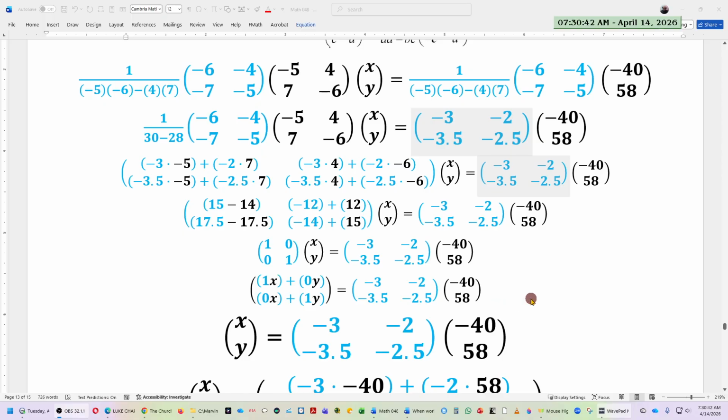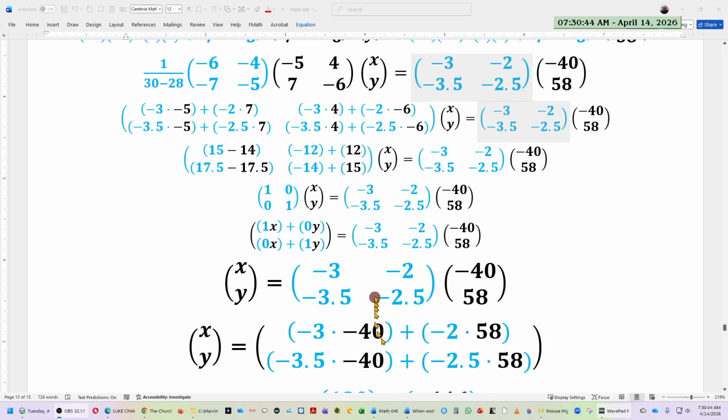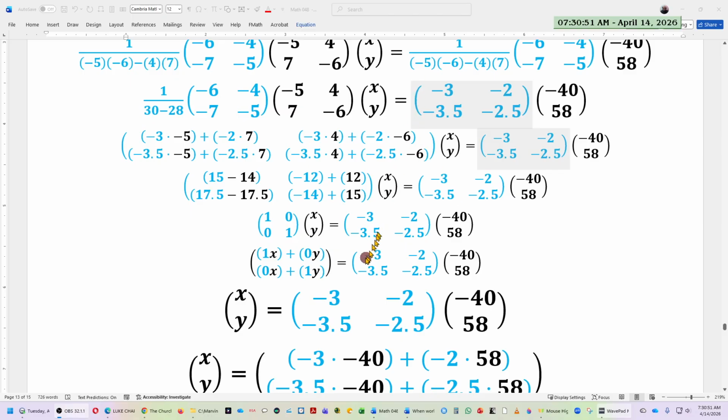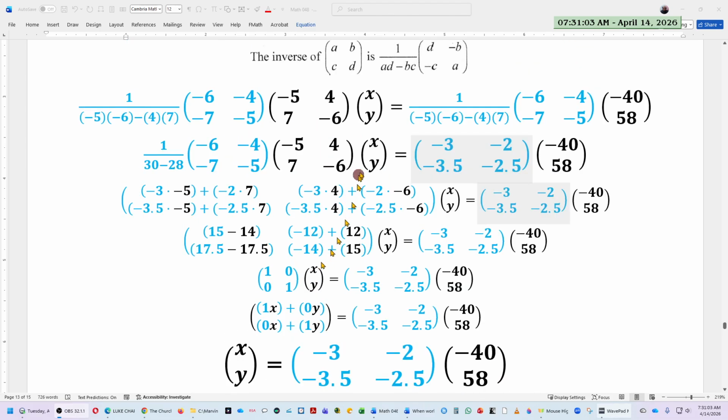so all of this working from here to here is just showing that the inverse matrix is going to multiply this matrix and eliminate it. So that's pretty much just working more like a proof.